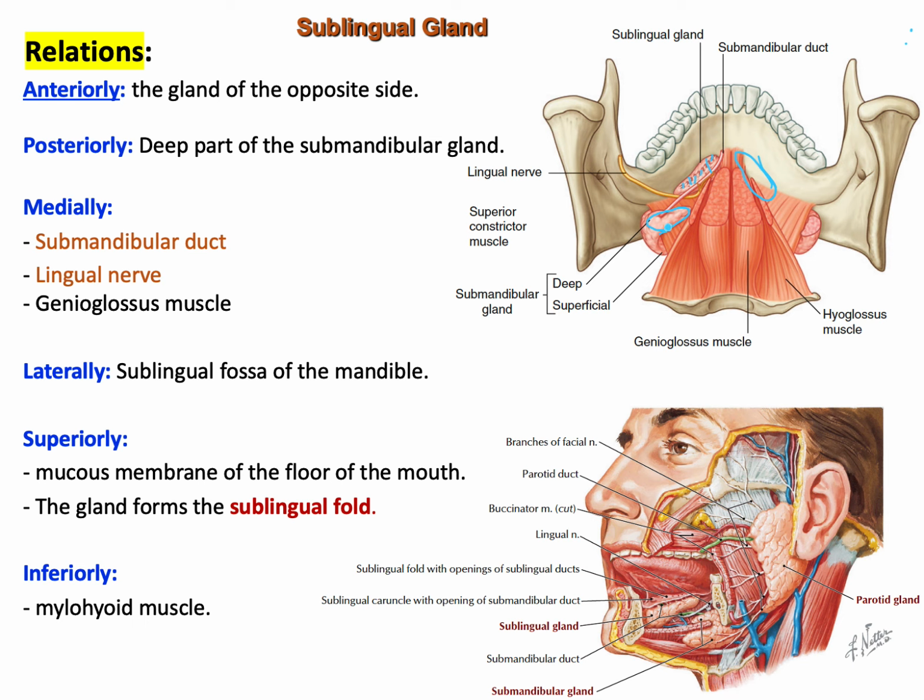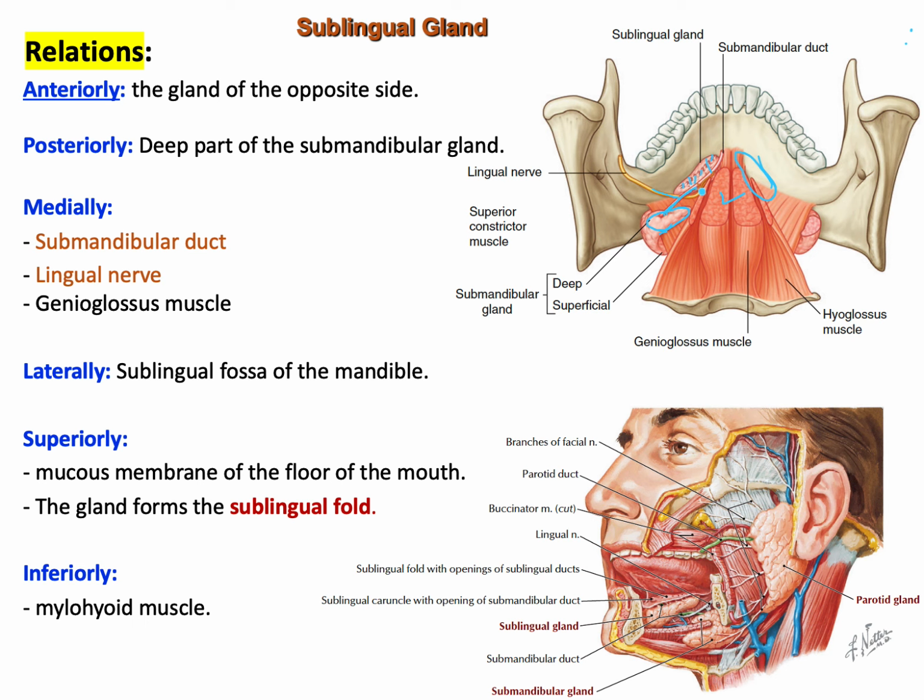Now, medially, I think you remember that we mentioned that the submandibular duct passes between the sublingual gland and the genioglossus muscle. We mentioned that at the beginning of the lecture when we talked about the submandibular gland, right? And we also mentioned that the lingual nerve crosses the submandibular duct laterally.